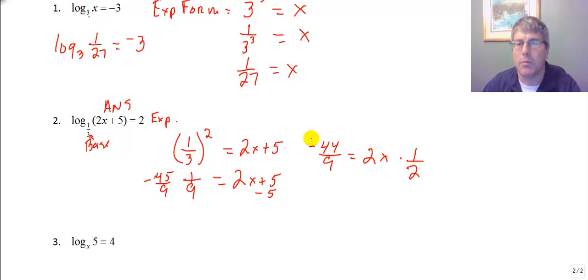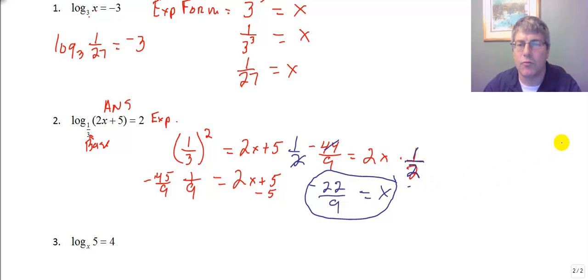So I multiply both sides by 1/2, and we will get x equals, I can simplify that to negative 22 ninths. So x is negative 22 ninths.